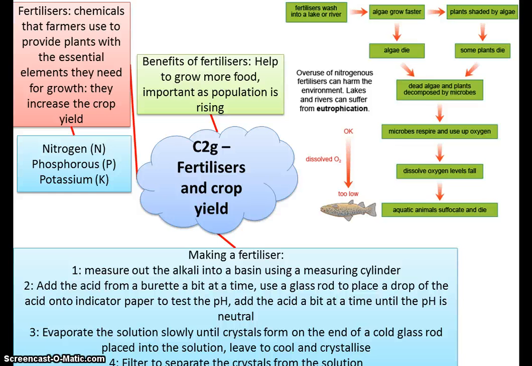So really what happens is the farmers come along and they spray the fertilisers onto their fields, and sometimes if their fields are near a river or lake, or if it's a windy day, then either if it's raining, the rain can wash the fertiliser into the river, or the wind can blow it in while it's being sprayed.